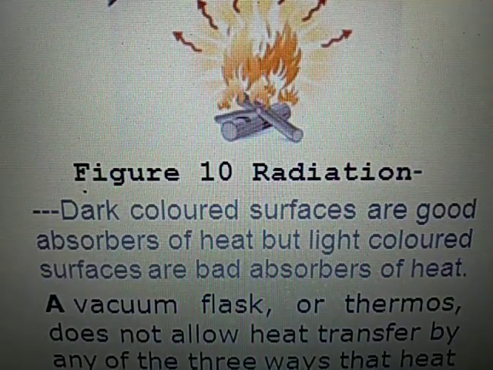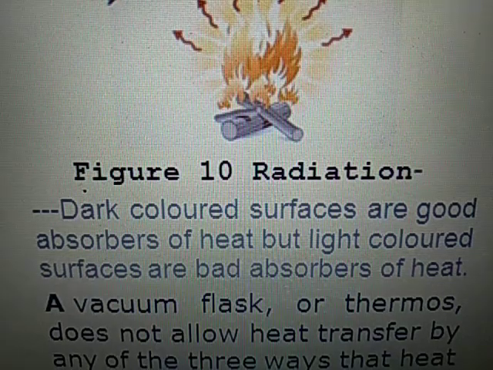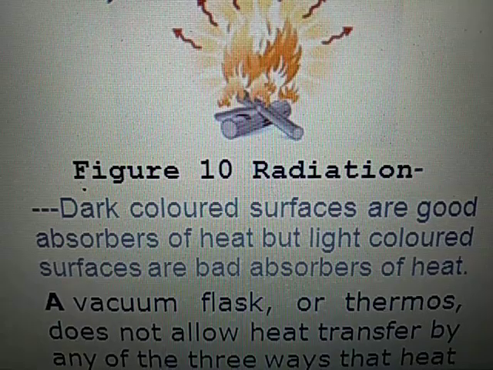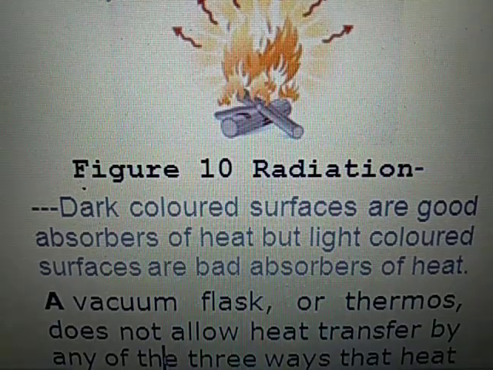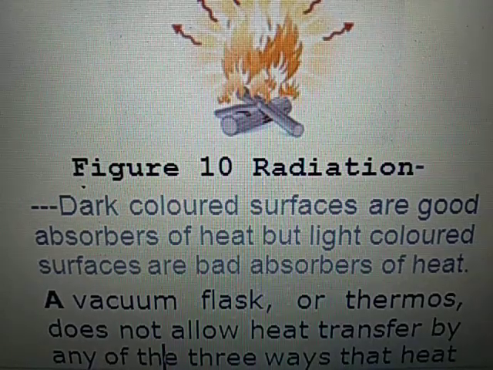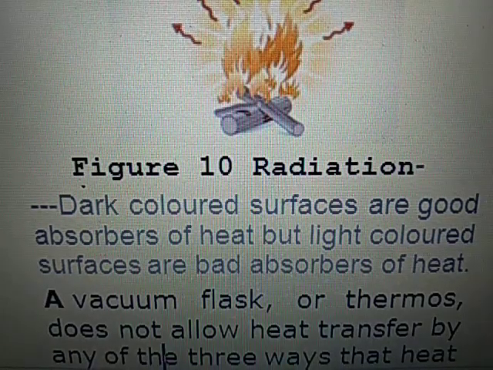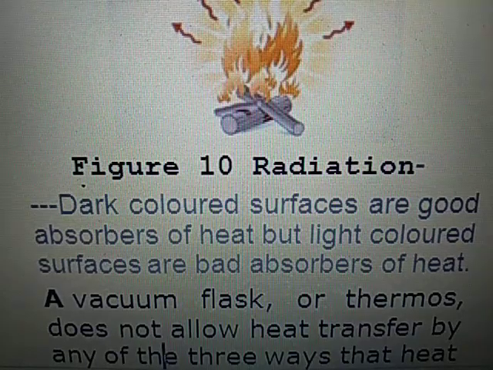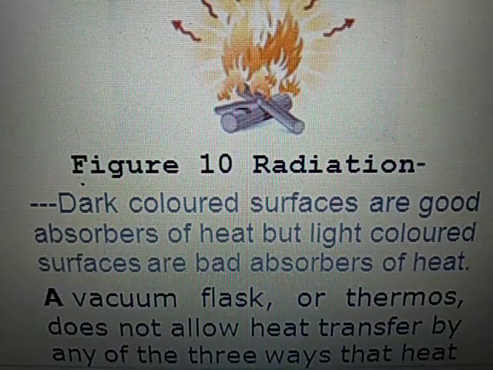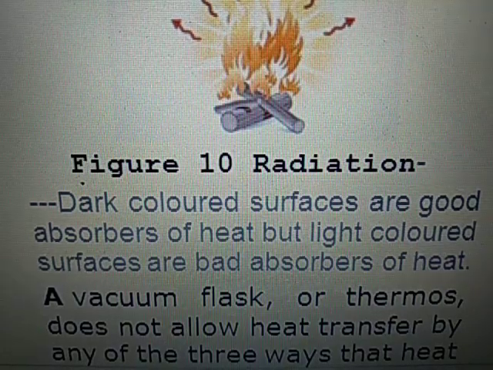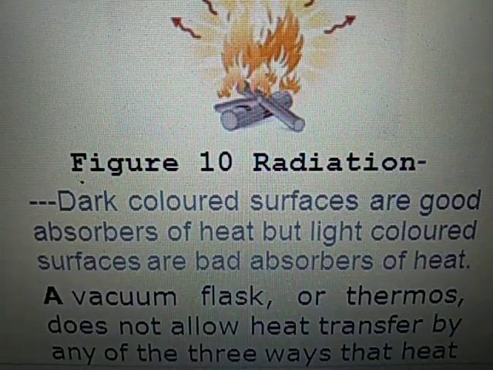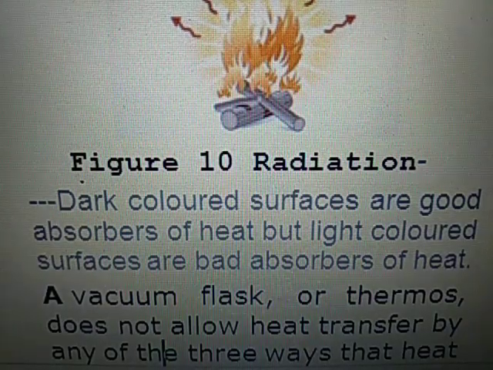A vacuum flask stops all three modes of transfer of heat, and in this way it keeps the hotter object hotter as well as the colder object colder inside it. The working is given.